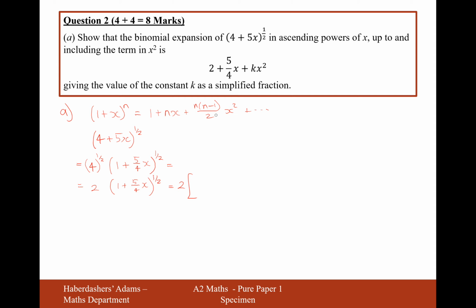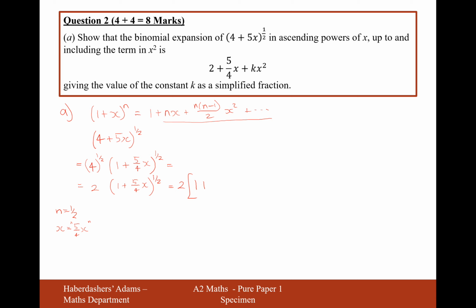Now, in our binomial expansion formula, n is the value 1/2, and x is going to be represented with 5 over 4x. So wherever we have an x in our formula, it's going to be represented with 5 over 4x. Let's now use the formula.